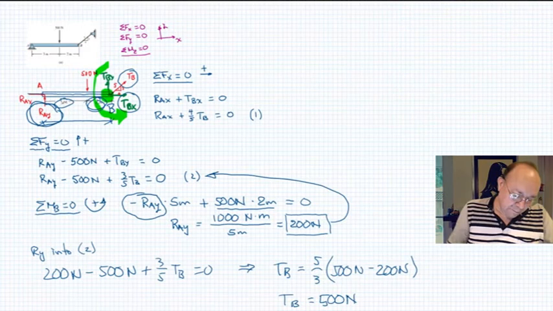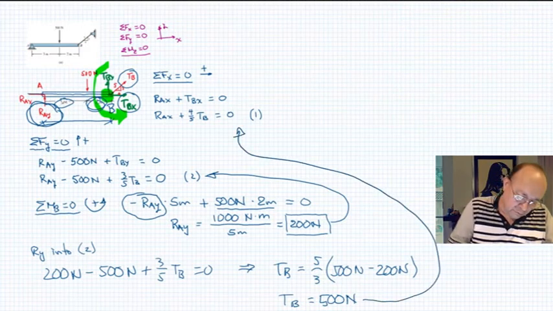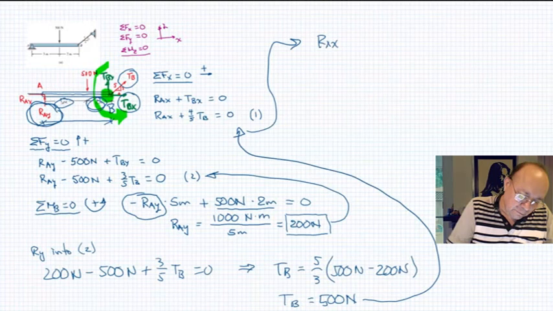And finally, applying this result on equation 1, we can get that RAX plus 4 over 5 TB equals 0.